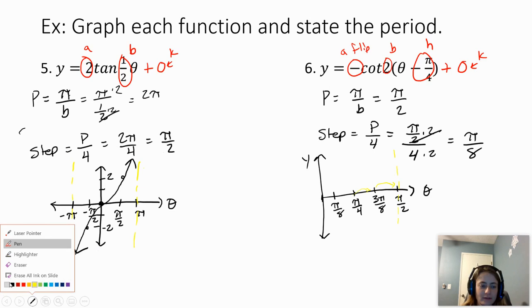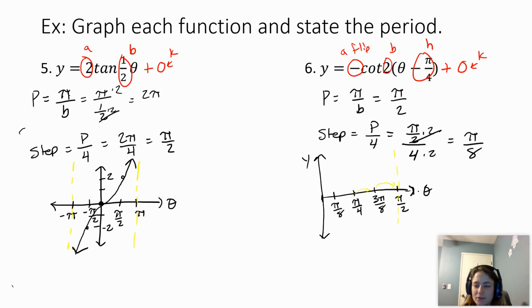So I'll add 2 more tick marks here. That would be 5 pi over 8 and 6 pi over 8, which is 3 pi over 4 when simplified. Okay, so our midpoint is now going to be at pi over 2.